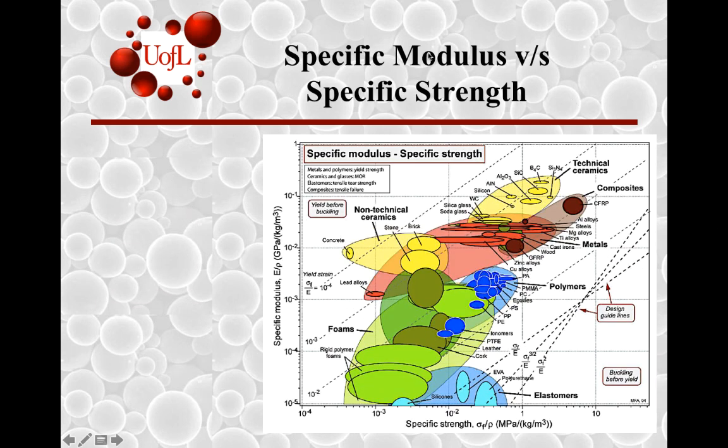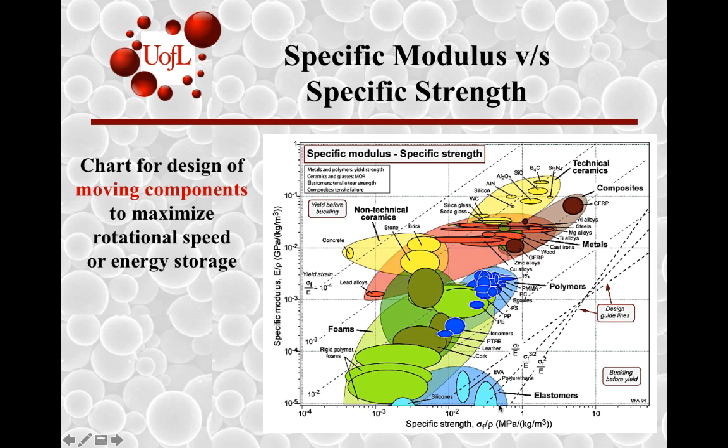Another variation is specific modulus. So E over rho, which we looked at as a material index before, plotted against specific strength, sigma F over rho. And now you begin to look for design of moving components where you can maximize rotational speed or energy storage. How is that implemented? Something to look at.